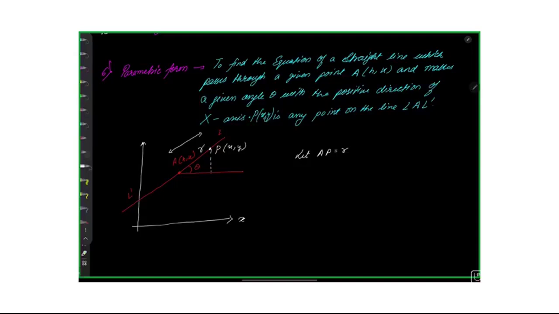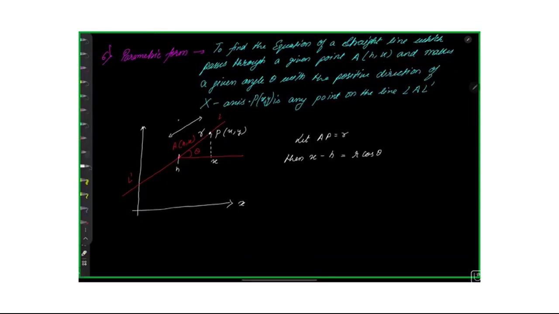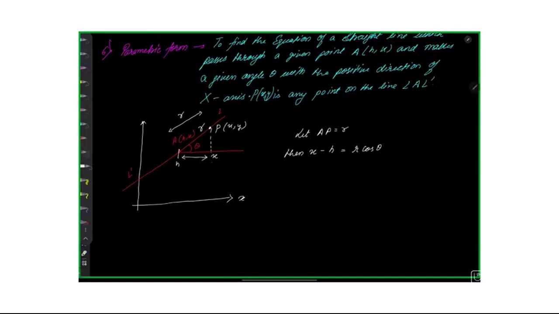Then x minus h equals r cos theta, right? How? x is the x coordinate of this, h is the x coordinate of this. Now, if we take r cos theta, it is nothing but this distance. And x is larger than h because it is farther in the positive x direction. So x minus h will be nothing but the distance between them, which is r cos theta.